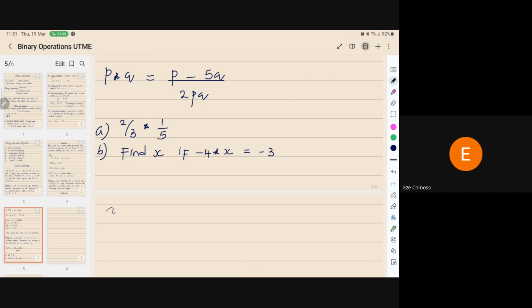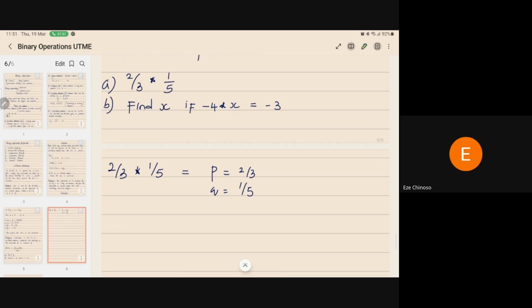So we have that 2/3 asterisk 1/5 simply entails that P is equal to 2/3 and Q is equal to 1/5. Then we're going to simplify that which was given.